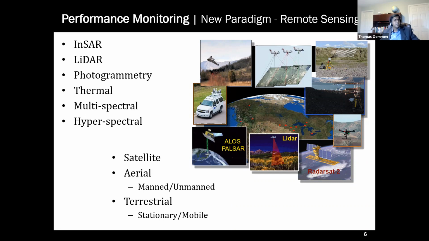In this presentation, I would actually highlight to you some examples of InSAR, photogrammetry, and thermal from different platforms, from satellite, aerial platforms, and how these techniques are being used for different performance monitoring applications.